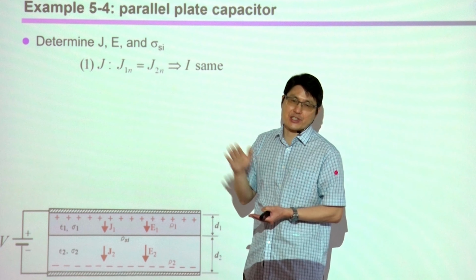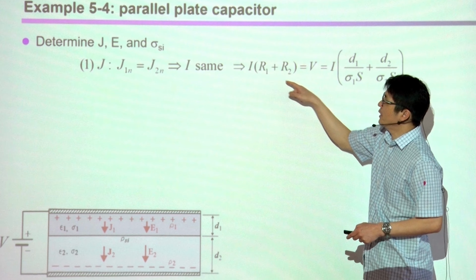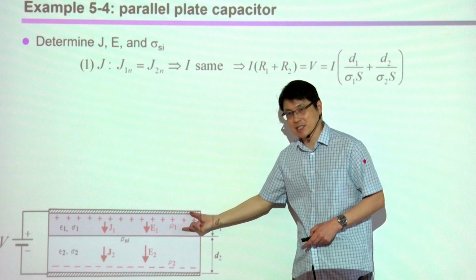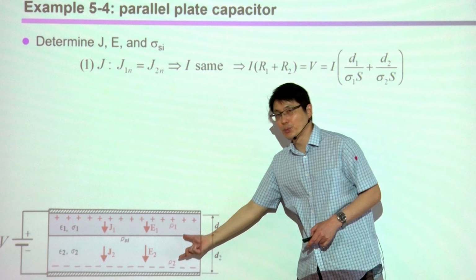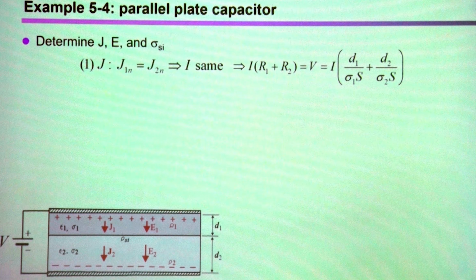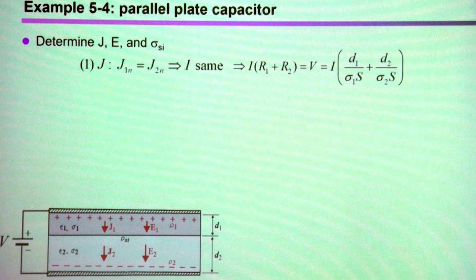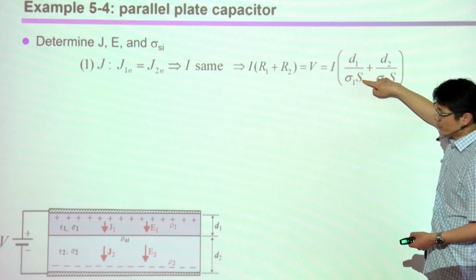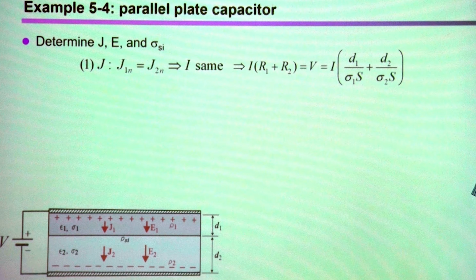I have a constant current. So constant current multiplied by R1 plus R2. What is R1, R2? The resistance for the first material. R2, the resistance of my second material. Today, we already introduced how to properly formulate the resistance. Once we know the length, we know the area, we know the conductivity, we know resistance, right?